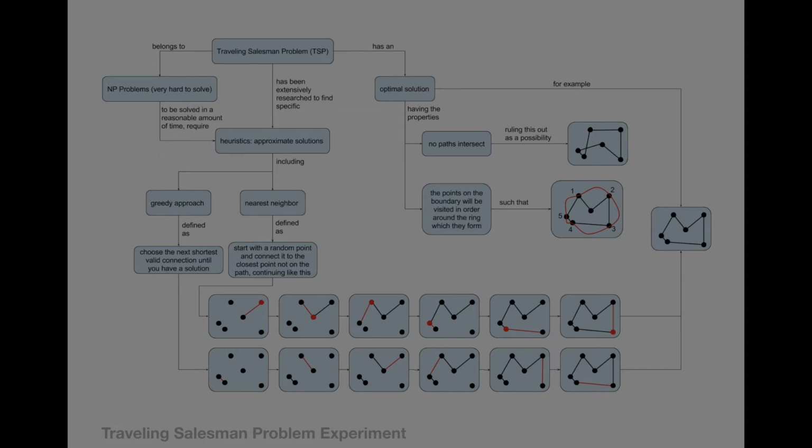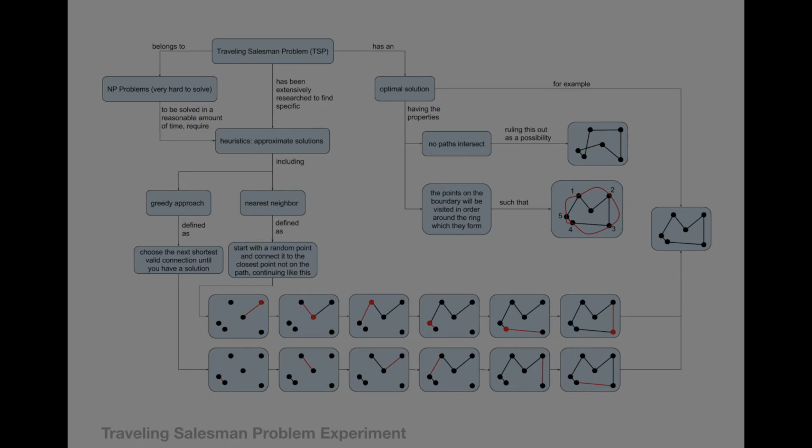As you can see, it has some basic conceptual information about the traveling salesman problem at the top. As you move down, I show the greedy approach and the nearest neighbor approach, which are 2 heuristic-based methods for coming up with an approximate solution, and I show the steps along the bottom of each of those.